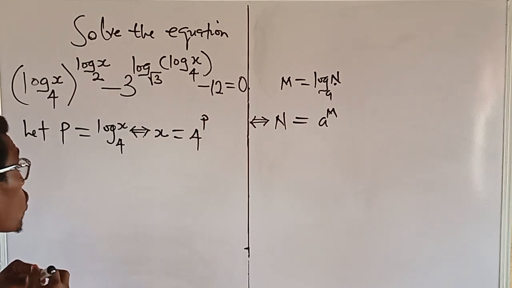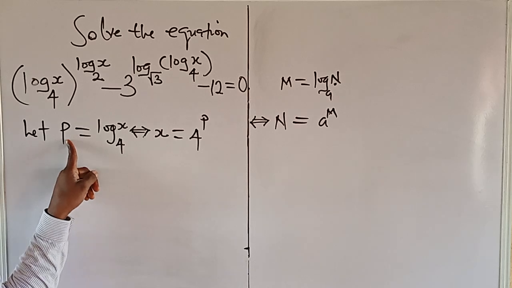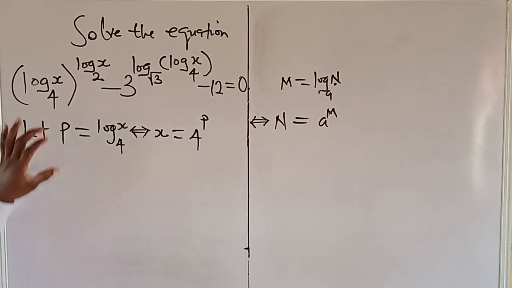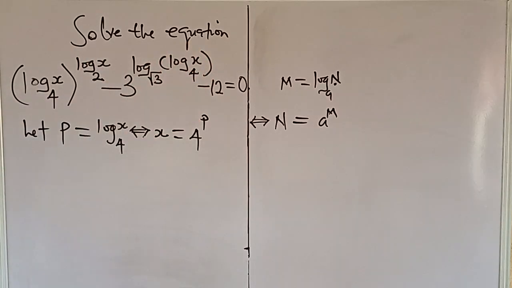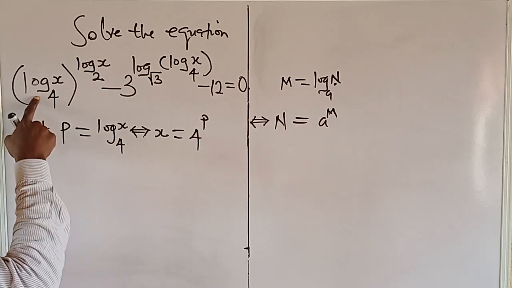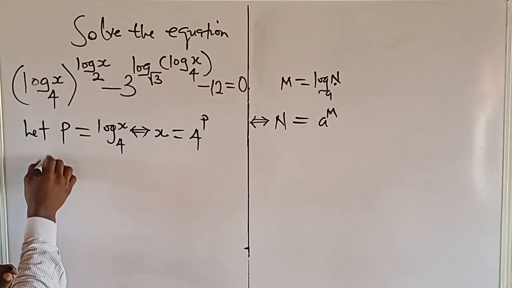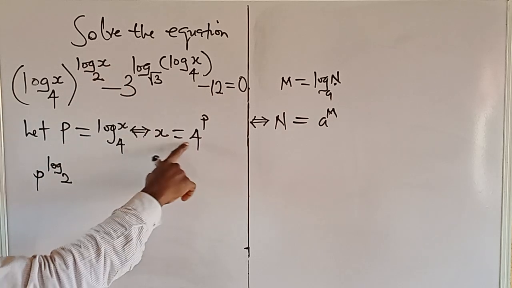So in the place of this logarithmic expression, we shall put p, and in the place of x, we shall put 4 to the power of p. We put these expressions into the original equation. In doing so, we have p there. Then we have log to the base 2 of x, but our x is already 4 to the power of p.